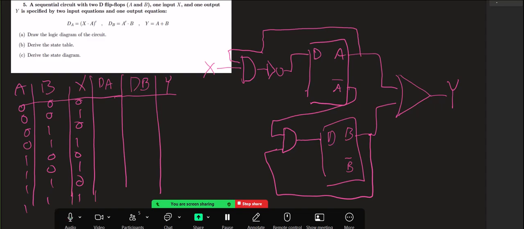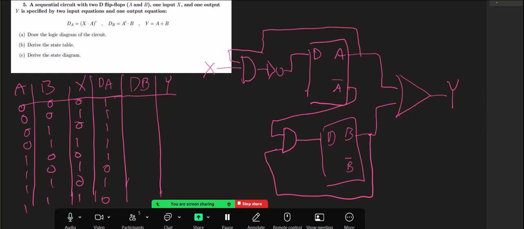And from this we can figure out what the next state will be for A and what the next state will be for B. So DA is X and A not. So that would be 1, 1, 1, 1, 1, 0, 1, 0.